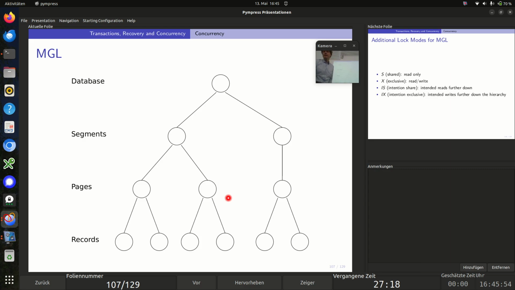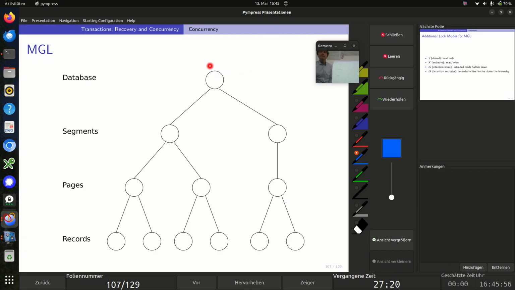The idea is here, you can have a lock on the whole database, so no one else can access the database. So you can say, okay, you want to write the whole database, but you can also say you want to just edit a small record. And the idea is, if we want to have a lock on a certain record, we always have to claim it from the top to the bottom.